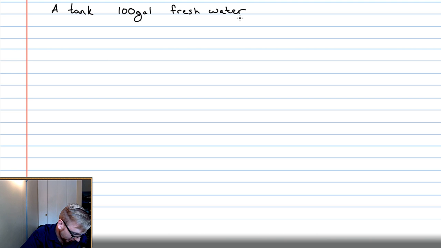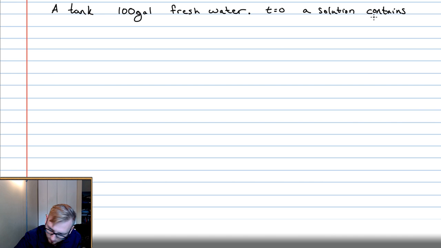And at time t equals 0, there's a solution. Not a solution as in an answer, a solution as in a mixture of salt. So it contains, what does it say? 0.2 pounds of salt per gallon.